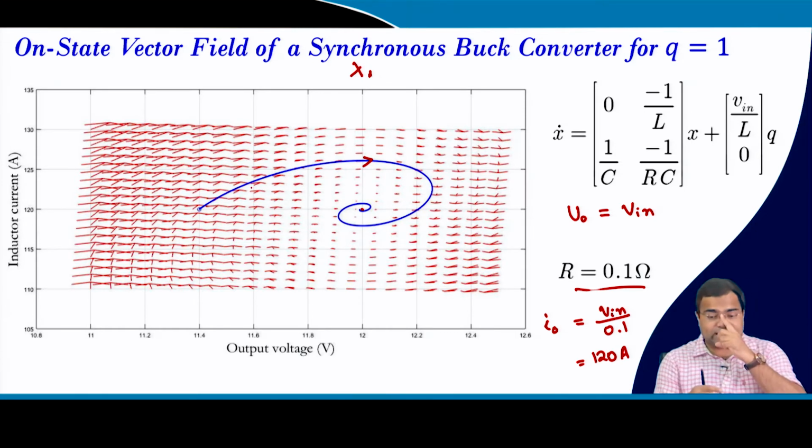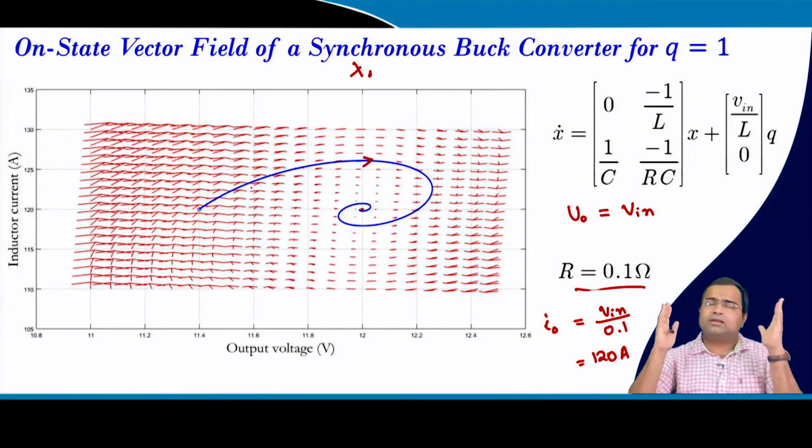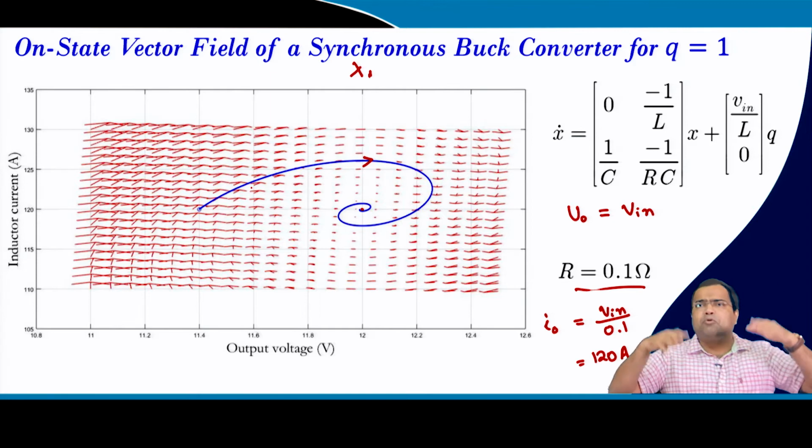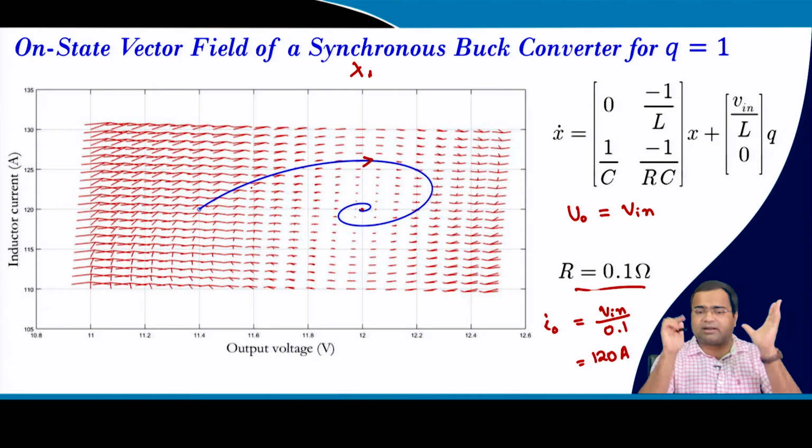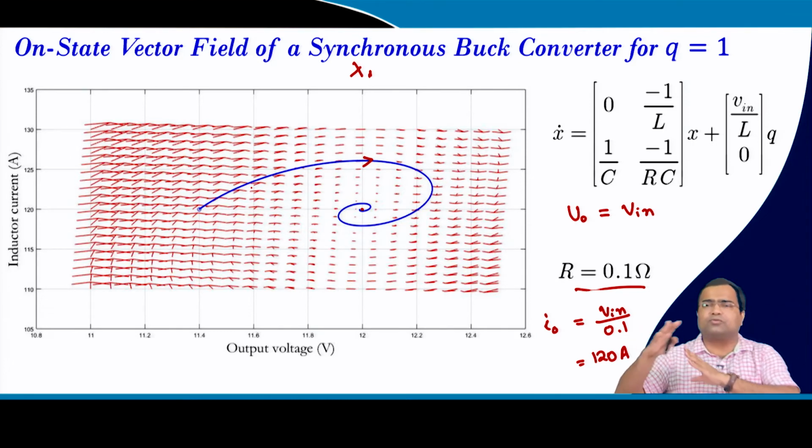For the same time scale, you see the oscillation is quickly decaying and coming back. As we have seen in the DC-DC converter, and even in the subsequent lecture, under light load condition or high load resistance there is a damping problem, poorly damped, because the complex conjugate has a small real part. But here the real part is large, so it will decay quickly and come to steady state very quickly.